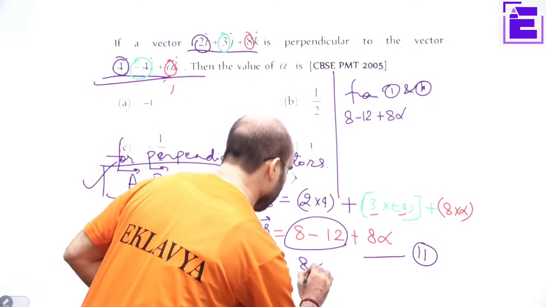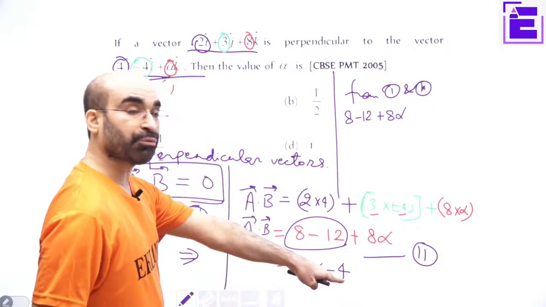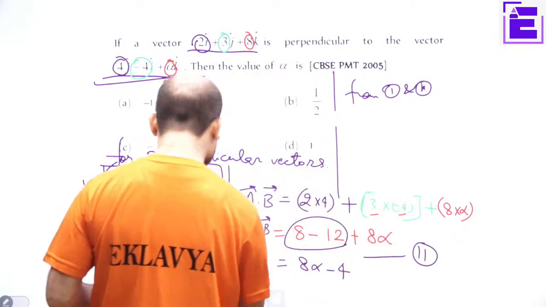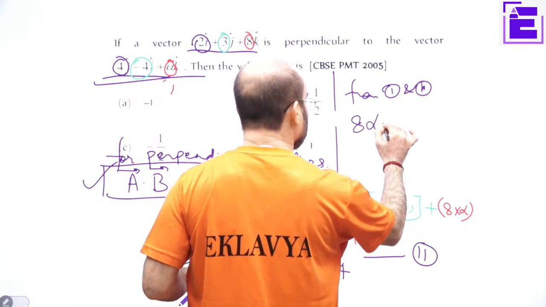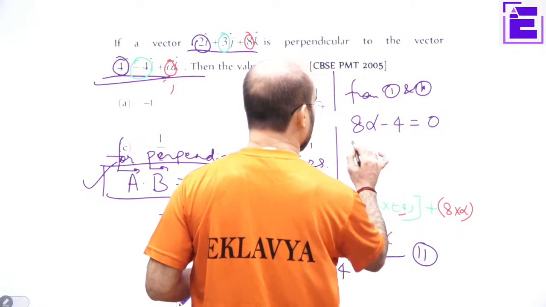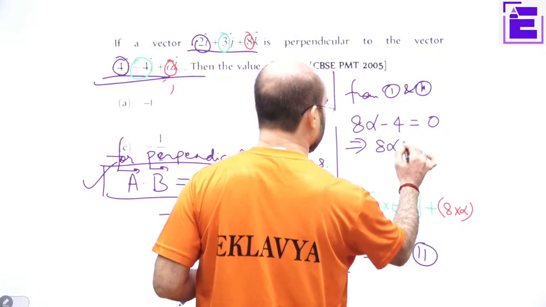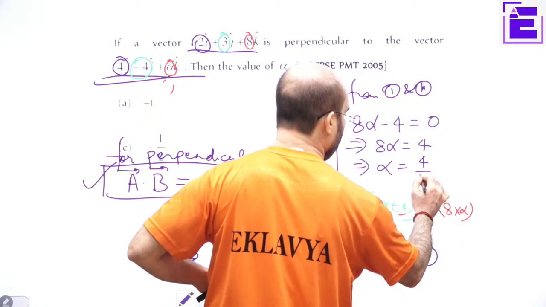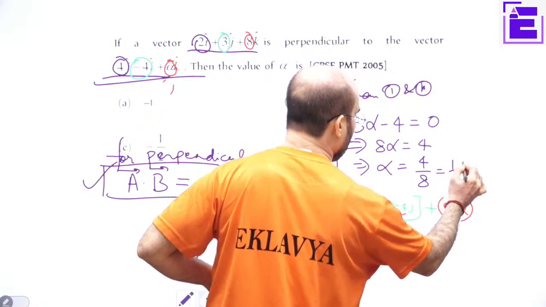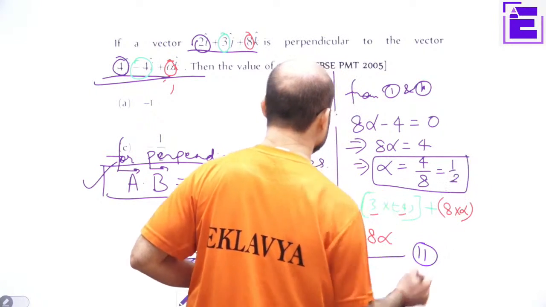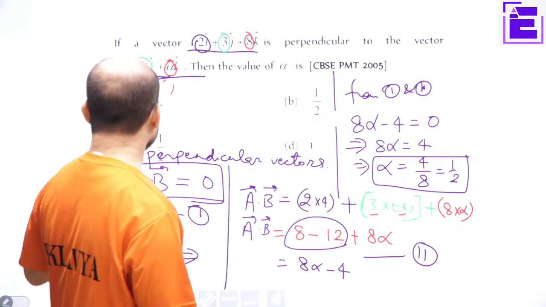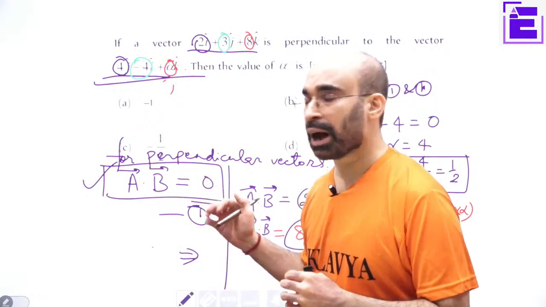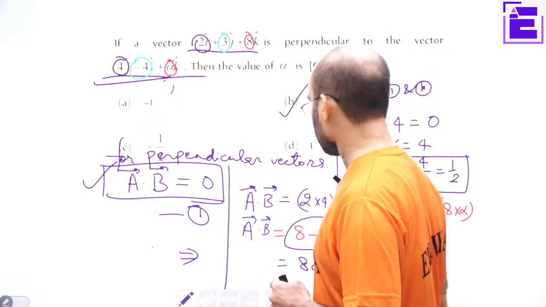So 8 alpha minus 4. So what we will put here? 8 alpha minus 4 equals 0. That means 8 alpha equals 4. That is alpha equals 4 by 8. That is, the answer is half. Right? Answer is half. Out of this, which one is half? Plus half or minus half? It is plus half. So the answer is this.